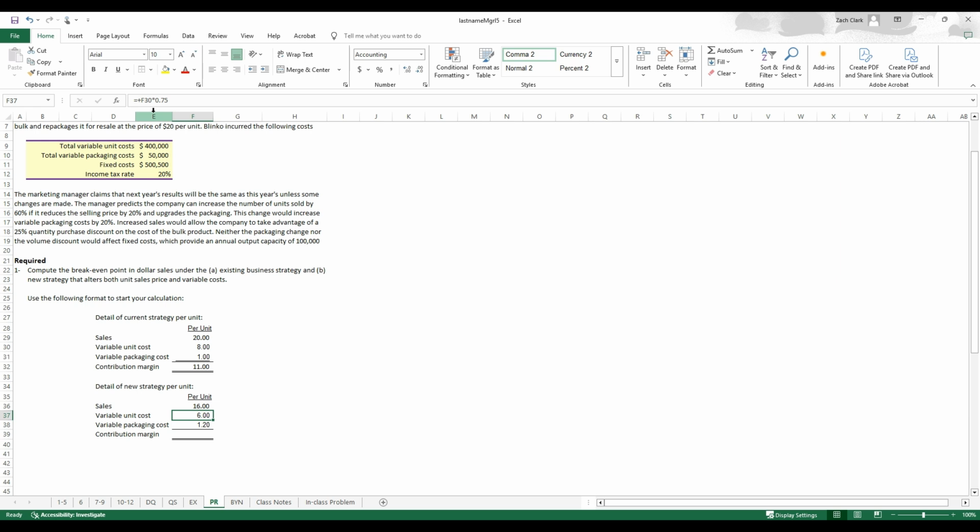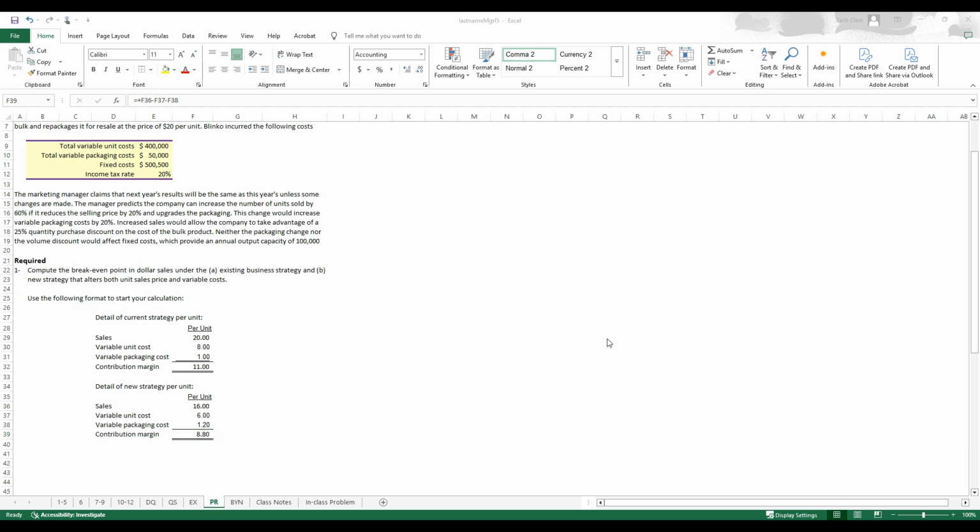So it's going to be 25% less, or 75% of what it was before. And then we can do the same formula down below. And so we get $8.80 of contribution margin under the new strategy.